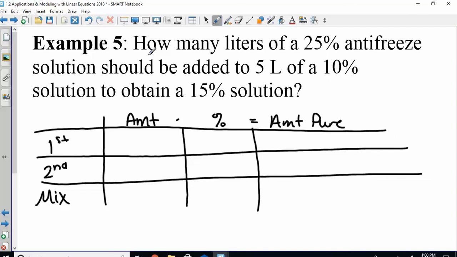One thing, without ever reading this problem, if you just saw a 10%, a 15%, and a 25% in the problem, which one has to be the final?